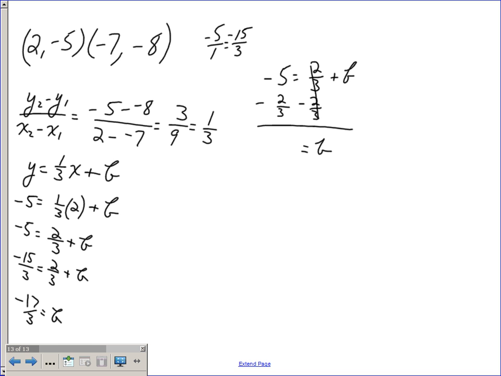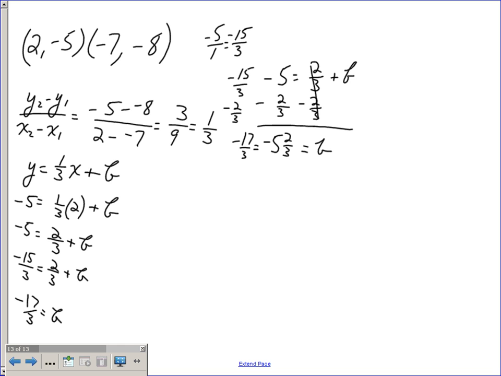If you wanted to think of it this way, this would be -5 2/3, which if you change that would be -17/3. But I made -15/3 minus 2/3, which gives me -17/3. You know how to change a mixed number to an improper fraction? 3 times 5 is 15, plus 2 is 17/3. It's all the same.